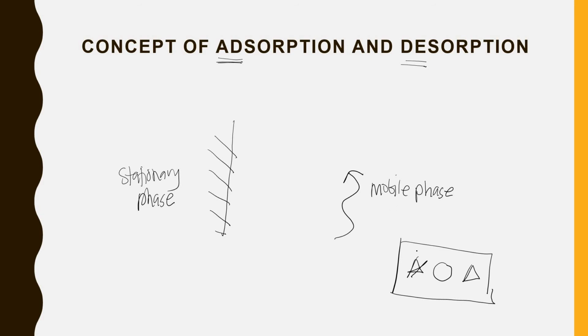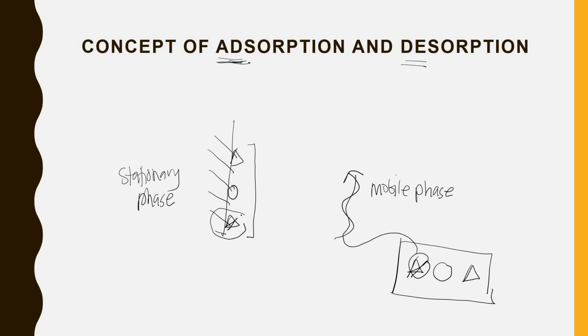Once the mobile phase brings all these components, star, circle, and triangle, all of this we call the concept of adsorption. Why? Because the interaction occurs at the surface of the stationary phase.